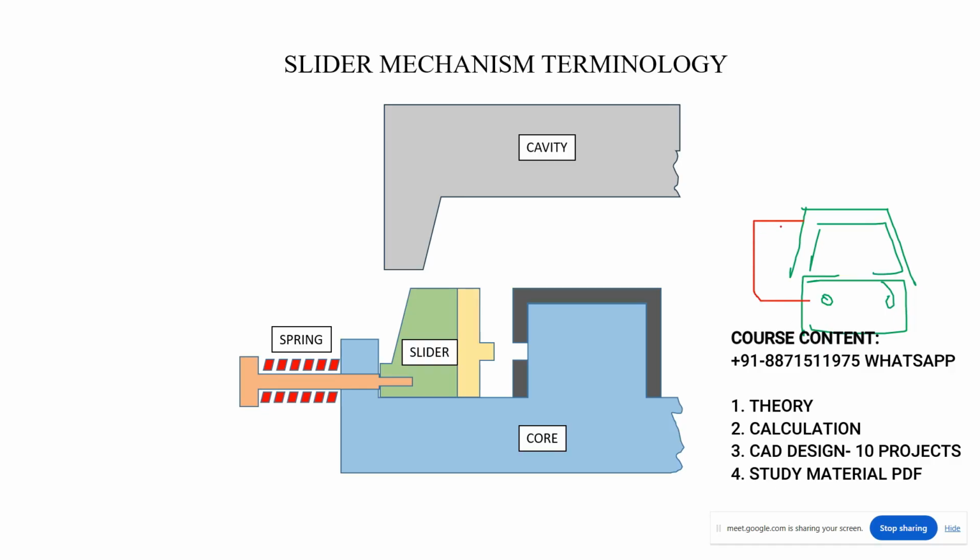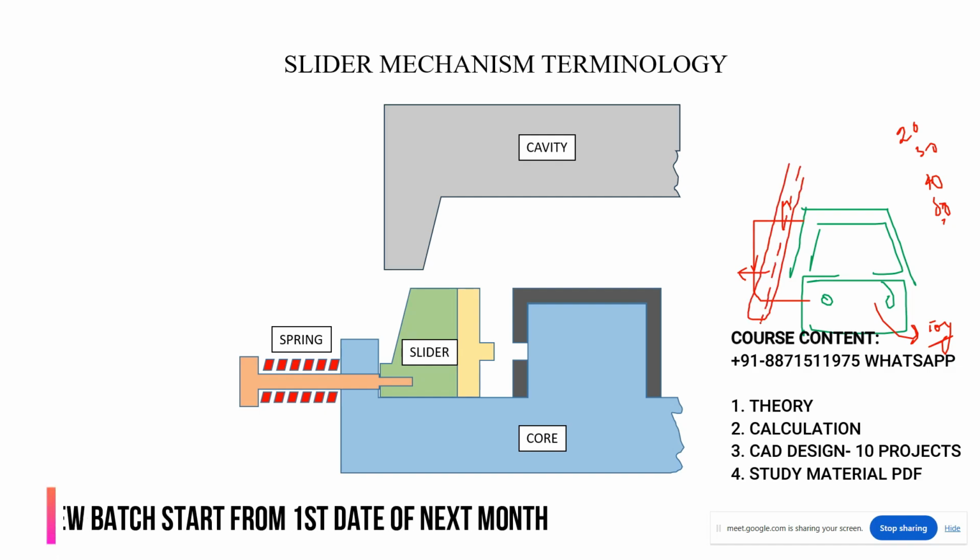A big slider, which weighs around 20 to 30 kg just for a toy car, you know, maybe even 40 or 50 kg. So for this type of slider, we have to use an angular pin also. What do we have to use? Angular pin. Why?